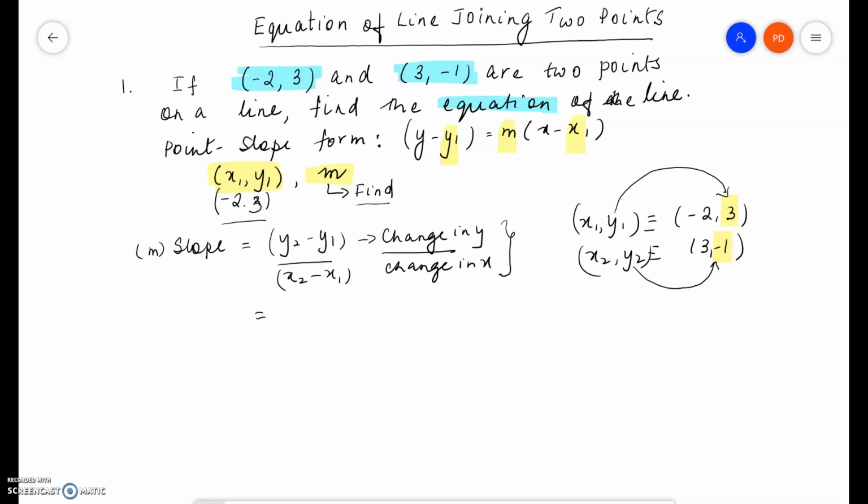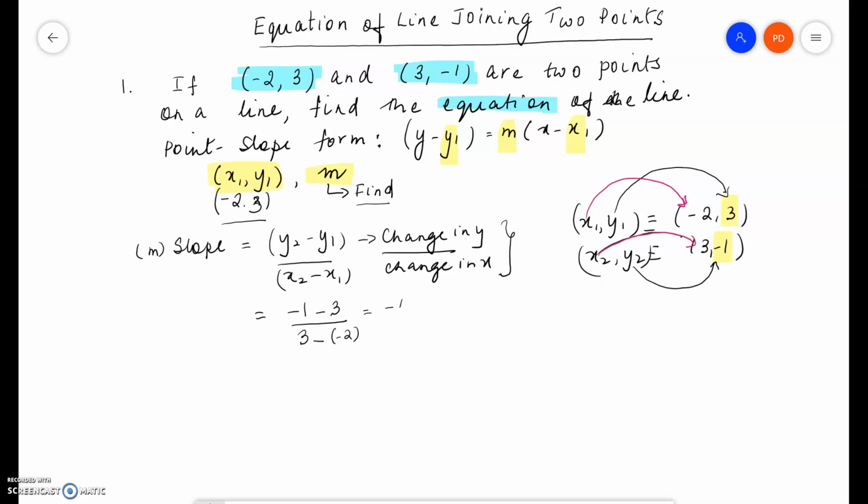So y2 minus y1, divided by x2, which is 3, minus x1, which is -2.